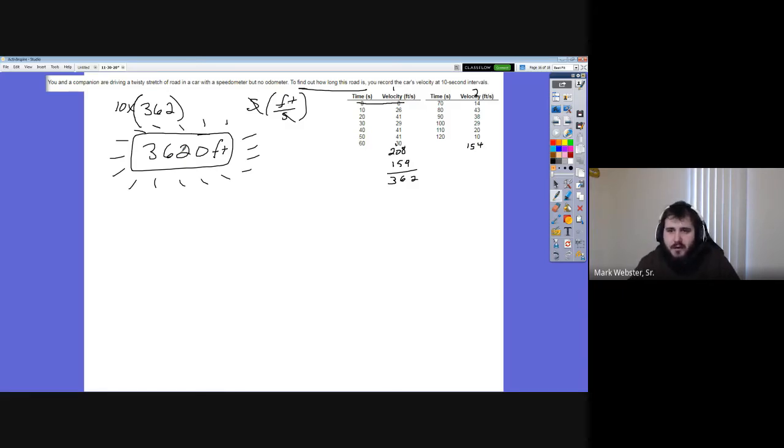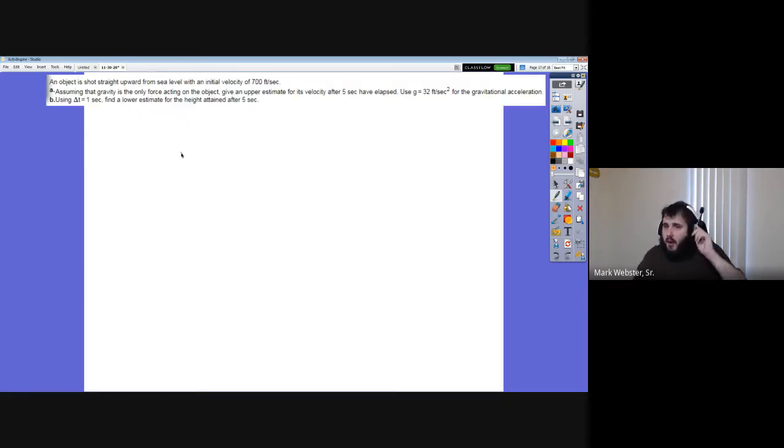Let's do the next one. All right, an object is shot straight upwards from sea level with an initial velocity of 700 feet per second. Assuming that gravity is the only force acting on the object, give an upper estimate for its velocity after 5 seconds have elapsed.